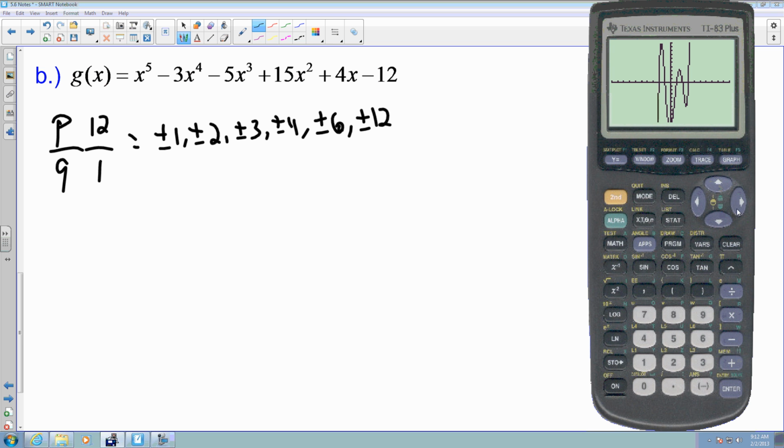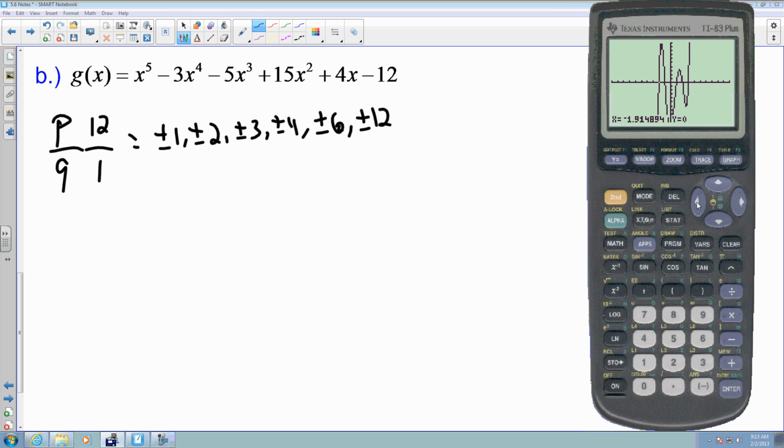So it looks like 1, 2, 3, 4, 5 different intersections. So it looks like 3, 2, 1, -1, and -2.